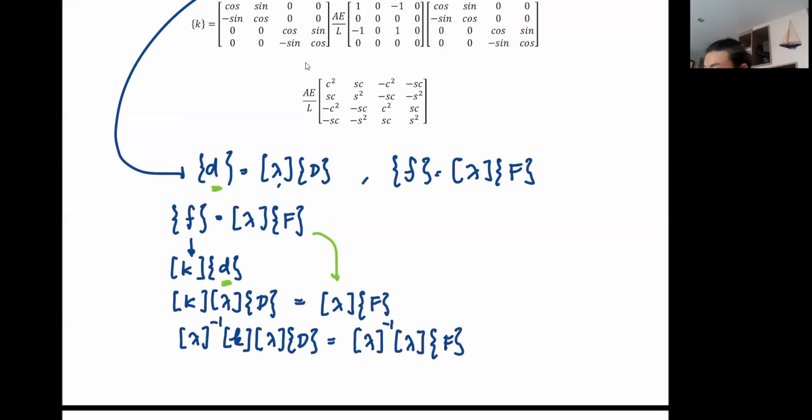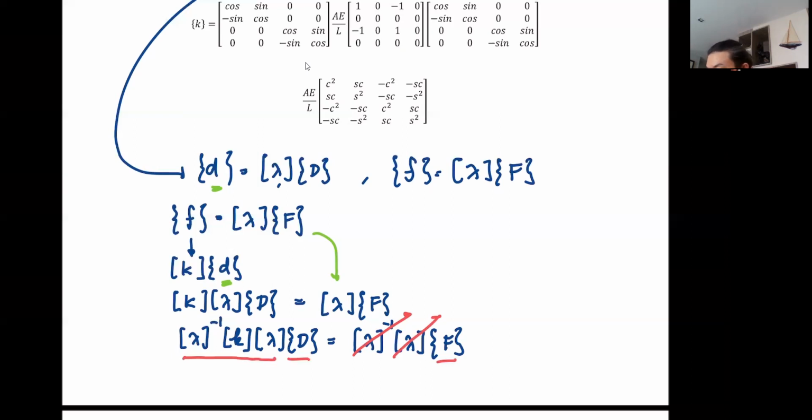So doing that means I now have eliminated this, correct? So from this, you can see F, you can see D, and you see K in this form.